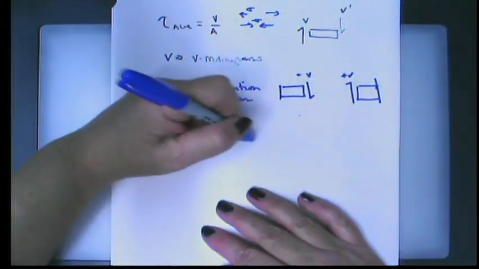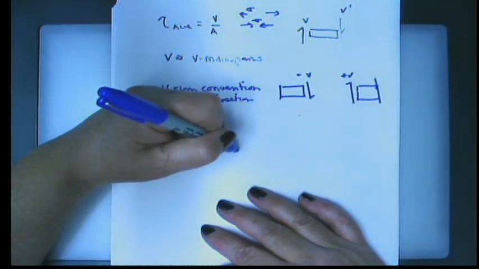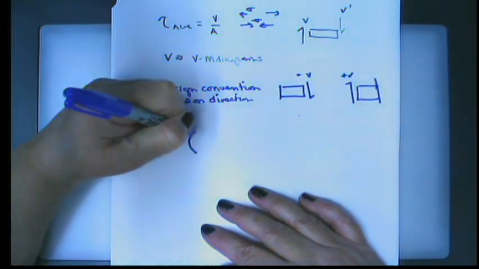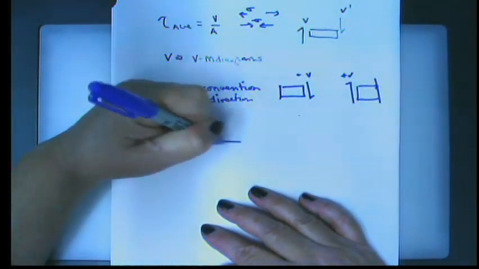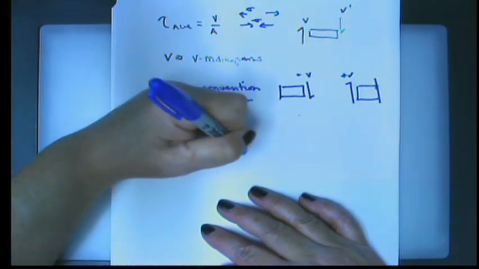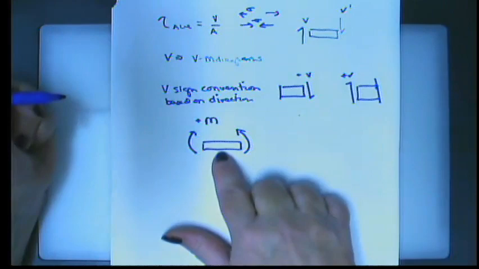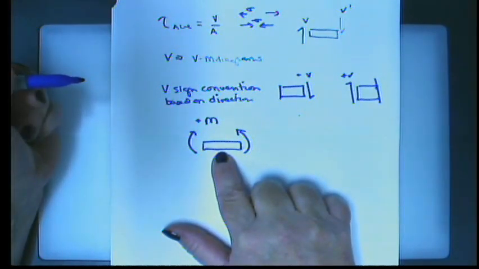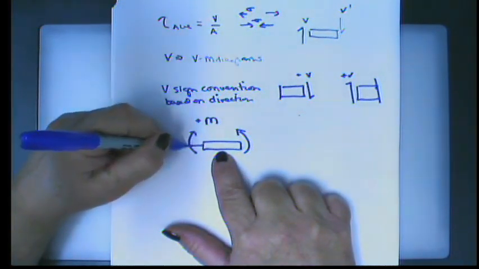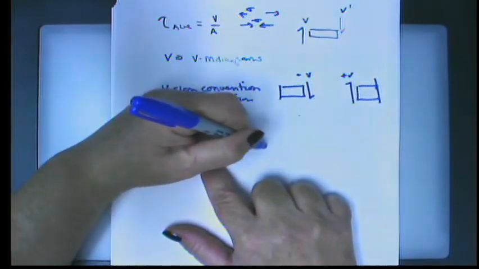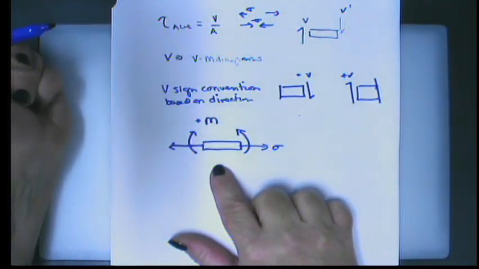So another piece of the puzzle is, if we look at all of the loads that we've discussed, this is the sign convention for positive moment. This is the sign convention for positive sigma.